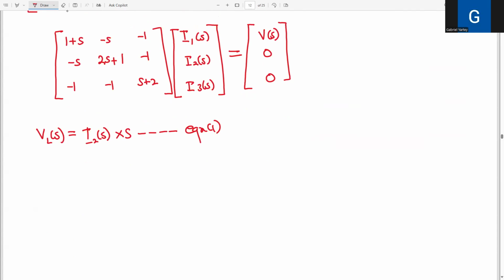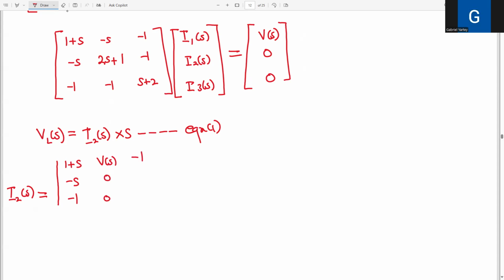Right? So for I2 of S, according to Cramer, it's supposed to be I2 of S all over the determinant of, since we are finding I2, then we have to replace this column here with this right here. So we get 1 plus S, minus S, minus 1, and then we replace it with what we have over here.